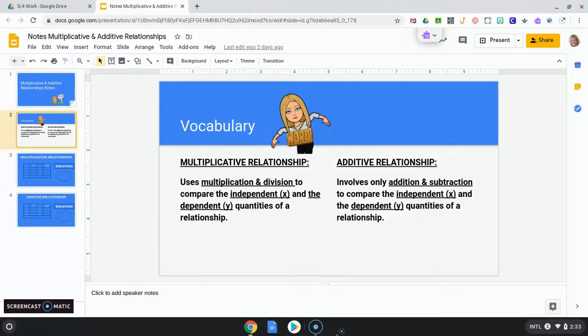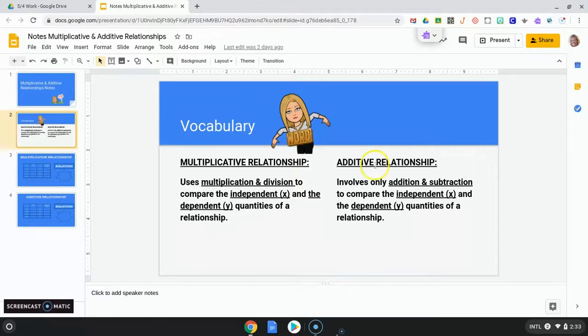Our multiplicative relationships use multiplication and division. That's the biggest thing: they use multiplication and division to compare independent X and dependent Y quantities of a relationship. And then our additive relationship involves only addition and subtraction.